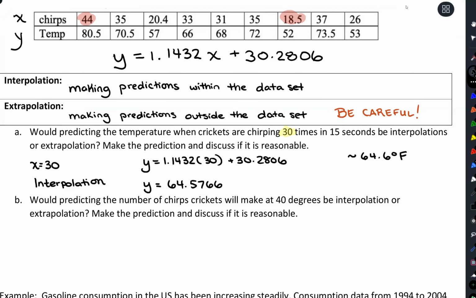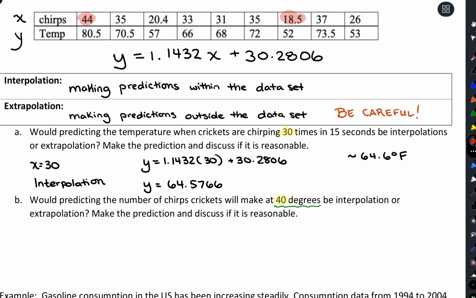All right. Would predicting the number of chirps the crickets will make at 40 degrees be interpolation or extrapolation? So pay attention, this one is actually giving us a temperature. So let's take a look at what our lowest temperature is and what our highest temperature is.